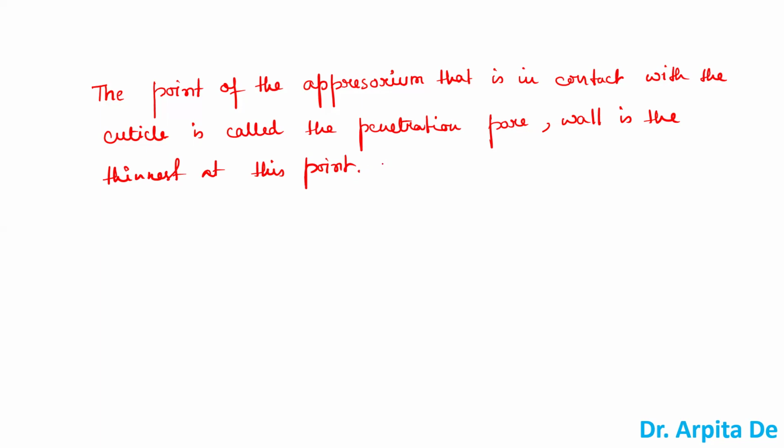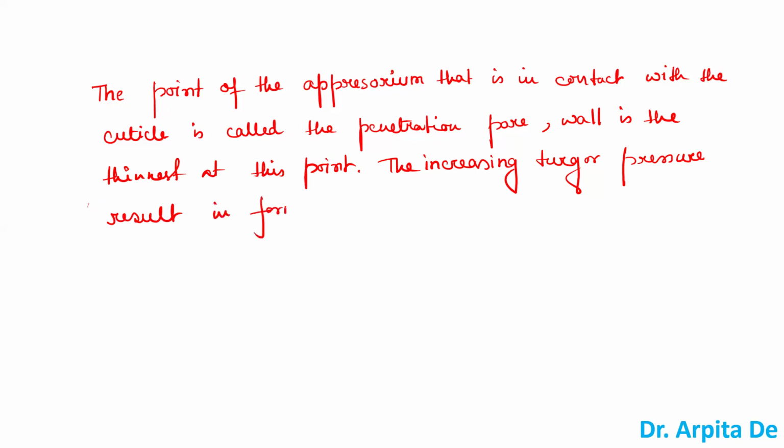The increasing turgor pressure often results in formation of a penetration peg, which applies huge pressure to the host cuticle and cell wall.